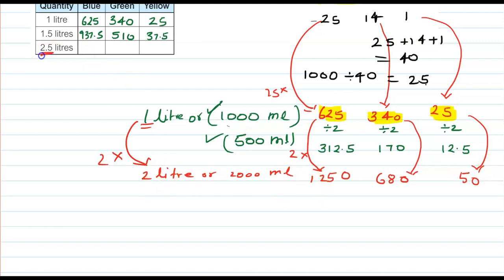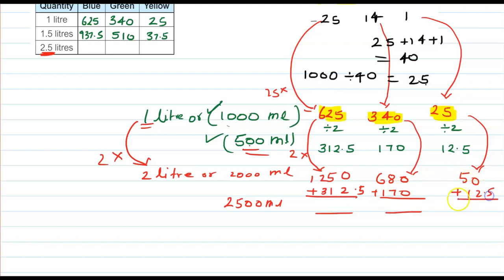But here they are asking for 2.5 liter, so you just add an extra 500 ml. So 1250 plus 312.5, and here plus 170, and plus 12.5 here. Is that okay? Yes, sir.